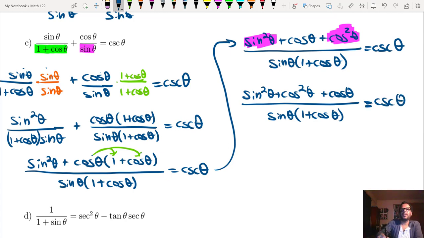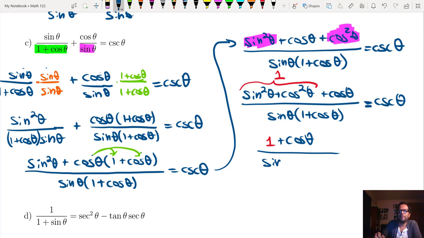Now, the reason why we put this together is because sine squared plus cosine squared equals 1. So I'm going to replace that with 1 plus cosine theta, divided by sine theta times 1 plus cosine theta, equals cosecant theta.